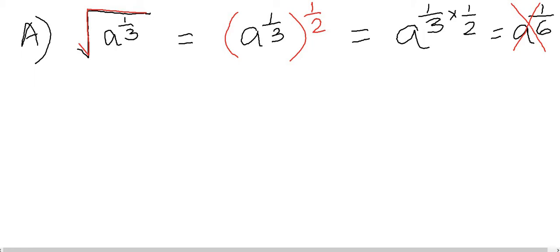Alright, so then let's look at the next one, B, which is the square root of a to the power 3.